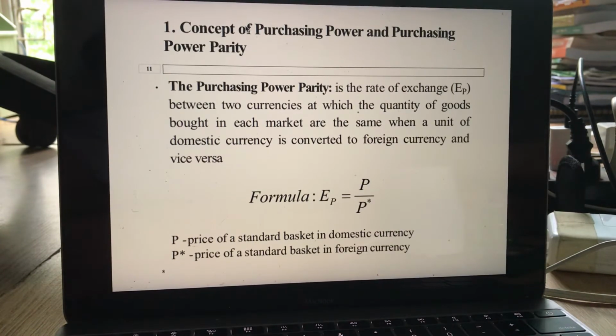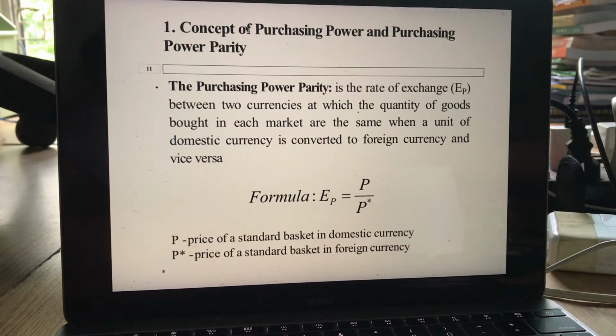But this exchange rate satisfies some condition. So what is the condition? If the exchange rate between the two currencies agrees, the quantity of goods bought in each market is the same when a unit of domestic currency is converted to the foreign currency and vice versa.